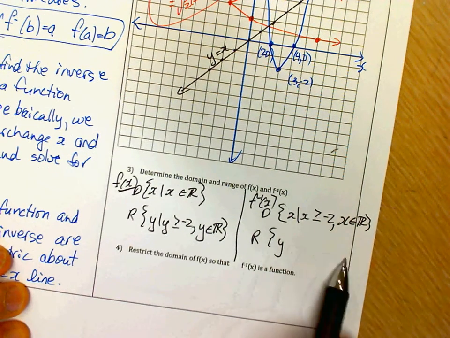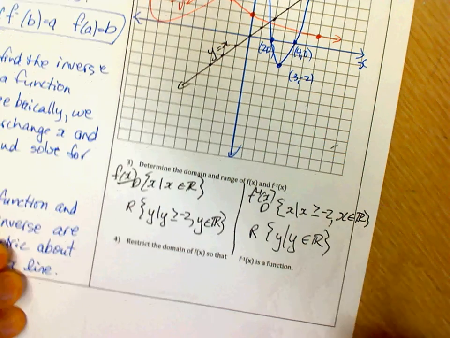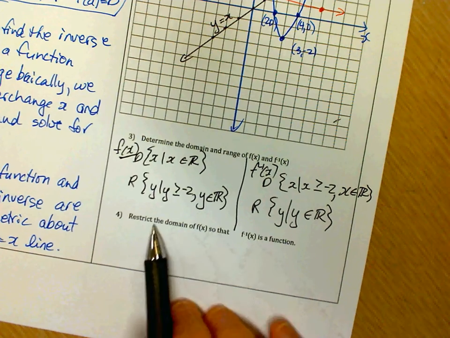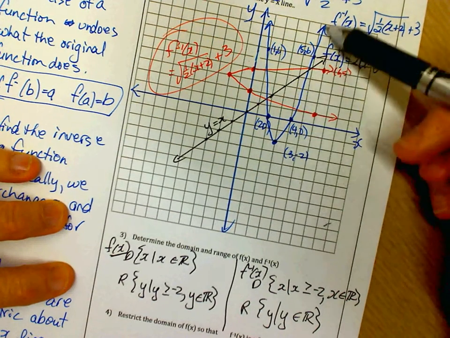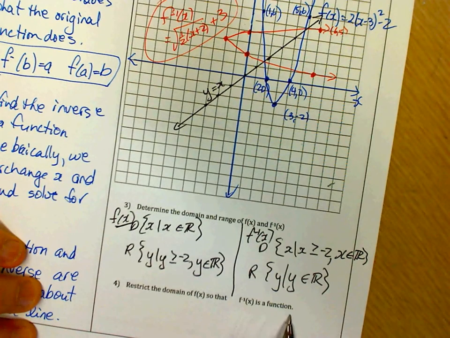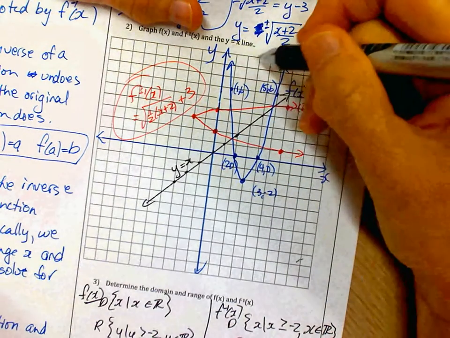Now, what if there's a question that says restrict the domain of f of x, the original blue one that we drew, so that f minus 1 of x, its inverse, is a function? Let's look at that. The way we do that is we look at the axis of symmetry of f of x and cut it in half.